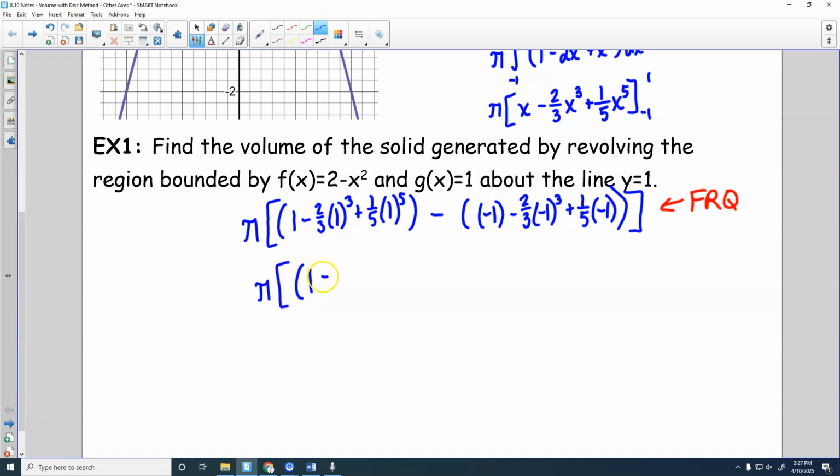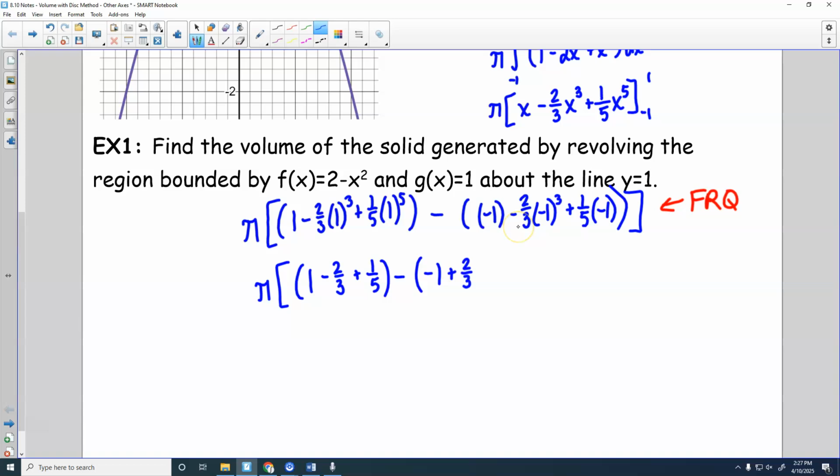You'll have 1 minus 2/3 plus 1/5 in that first set of parentheses. And then you'll have -1. You're going to get a plus 2/3 here because you're going to need to raise that -1 to the 3rd power at first, which still gives you -1.